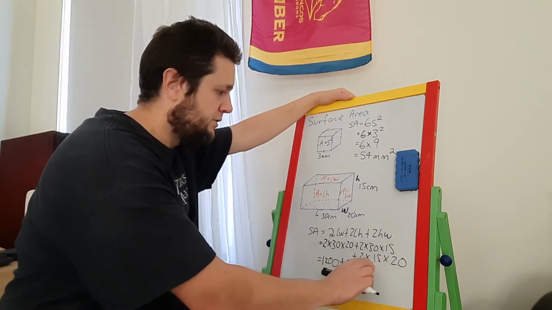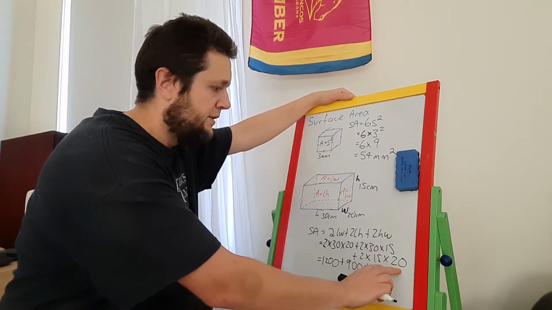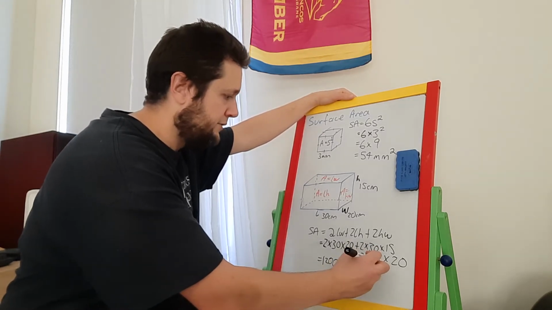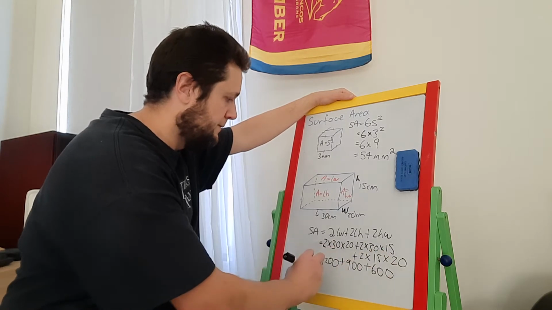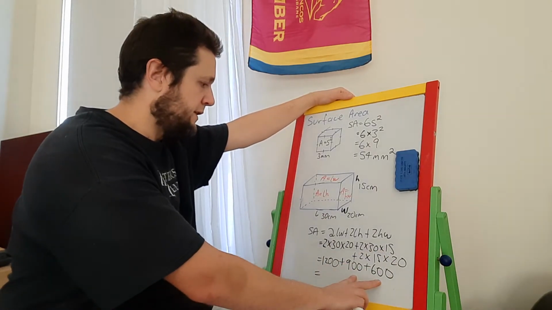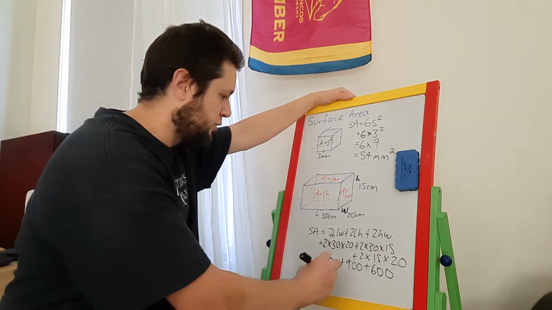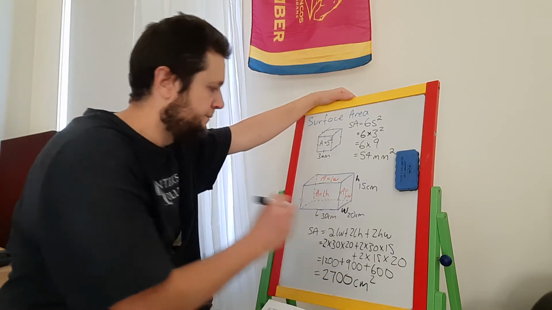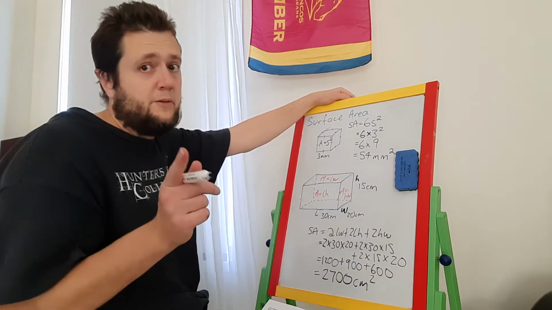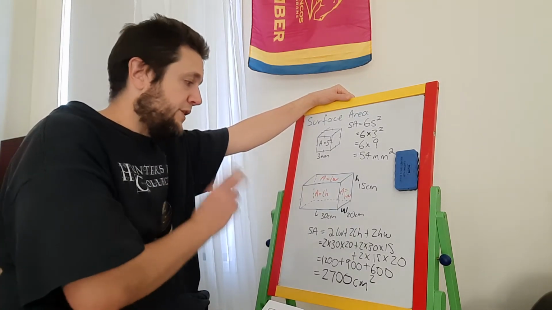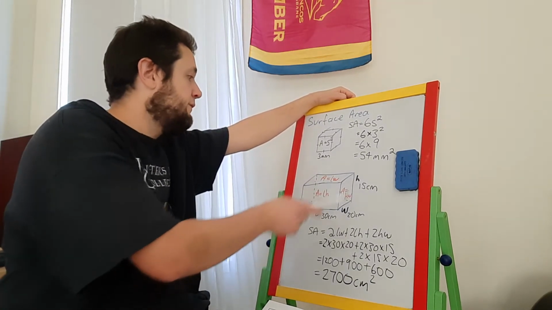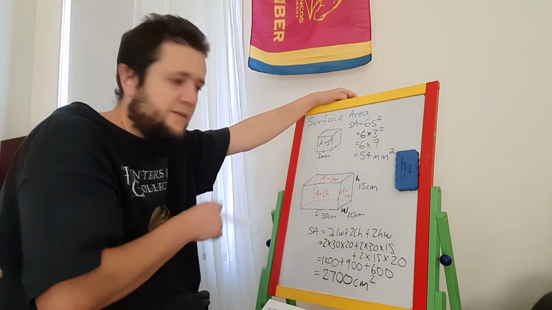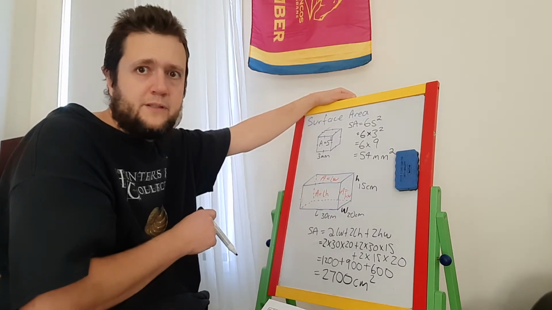And here, 2 times 15 times 20, well, that's 300. Double 300, you get 600. So that's 2700 centimeters squared in total. That better be right, because I don't want to re-record this video. So there you go. The total surface area, adding up the area of every face of this object, is 2700 centimeters squared.